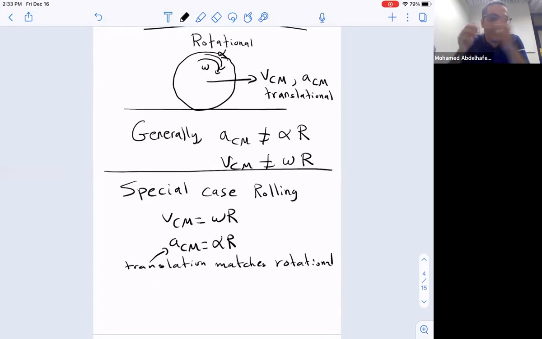If it's rolling without slipping, that's a perfect special case of VCM and omega matching exactly. So VCM is omega R, R being the radius between center of mass and the contact point. That's what I mean by R, generally speaking, between center of mass and the contact point that you're rolling about. Okay, any questions about that?